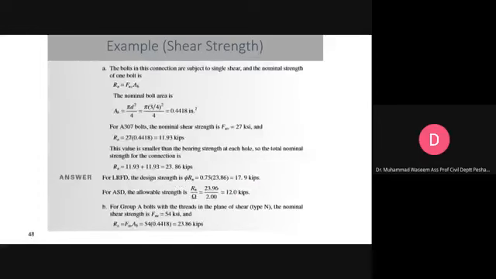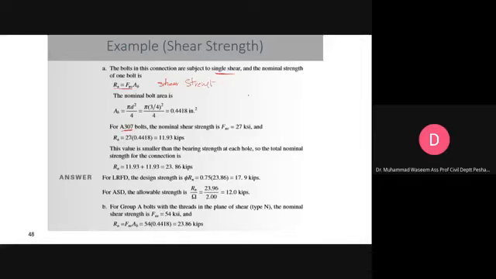Now you have to calculate the shear strength of the bolt. In shear strength there are two possibilities. For example, it is subjected to single shear. Now we have this shear strength formulation. You can go to that table, and for example, you are doing it for A307.